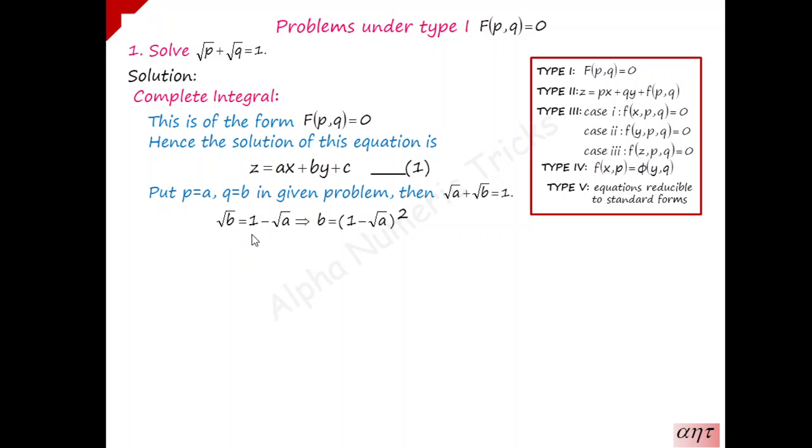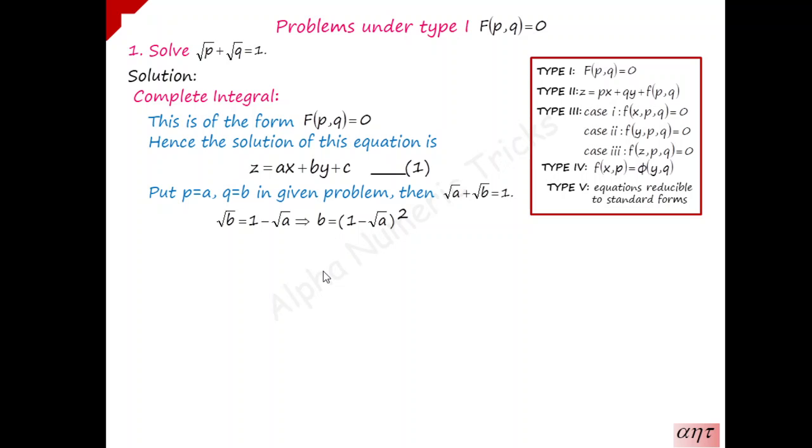So root b is equal to 1 minus root a, that is, root a is taken to the right hand side. From this equation, you have to find the value of b. When you square on both sides, you get b is equal to 1 minus root a the whole square. So we get the value of b.